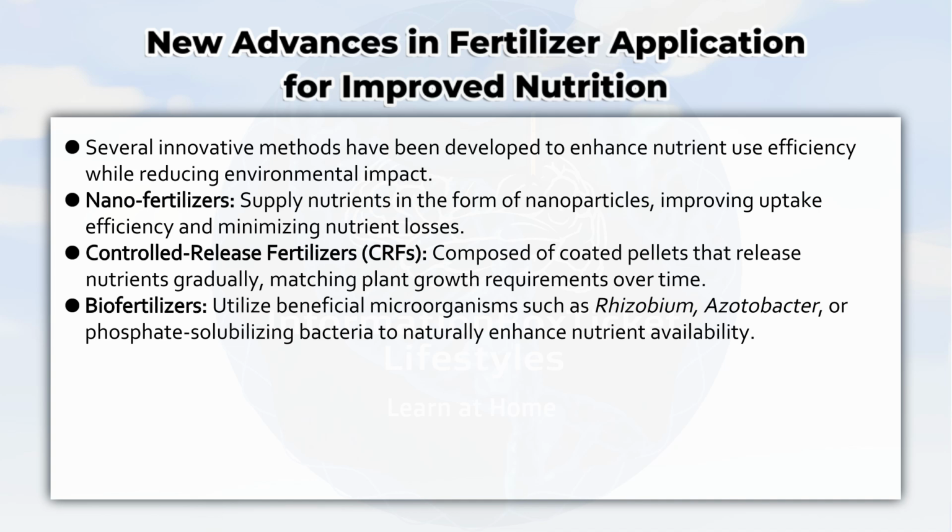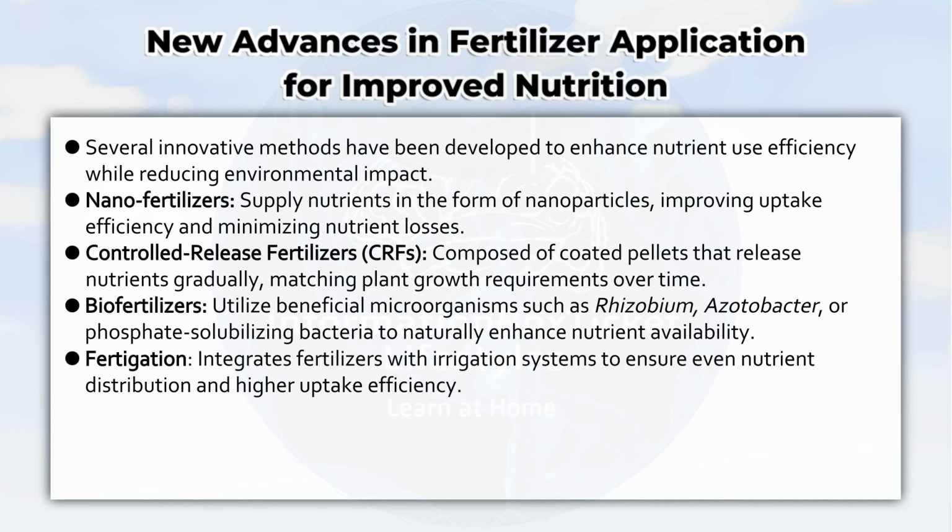Biofertilizers utilize beneficial microorganisms such as Rhizobium, Azotobacter, or phosphate-solubilizing bacteria to naturally enhance nutrient availability. Fertigation integrates fertilizers with irrigation systems to ensure even nutrient distribution and higher uptake efficiency.